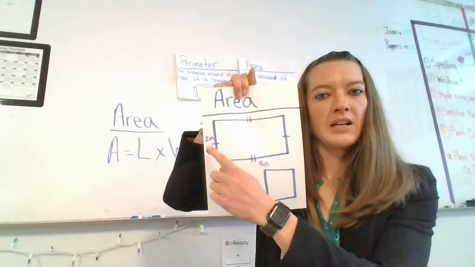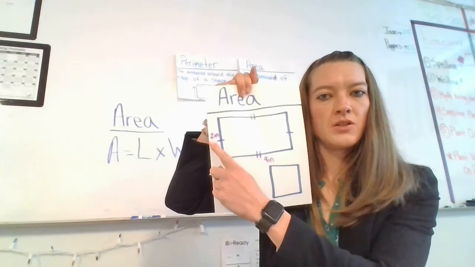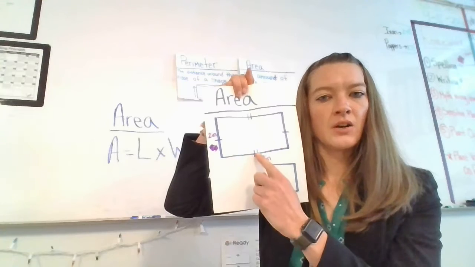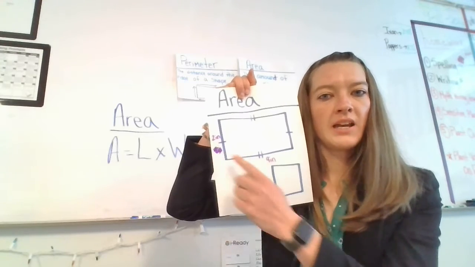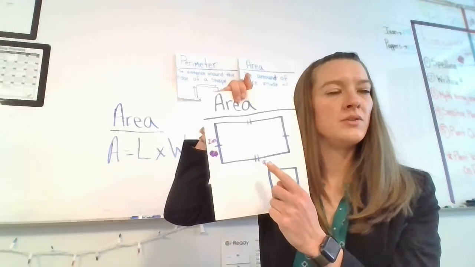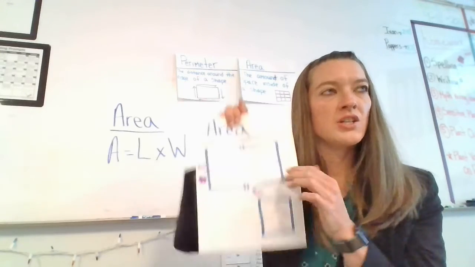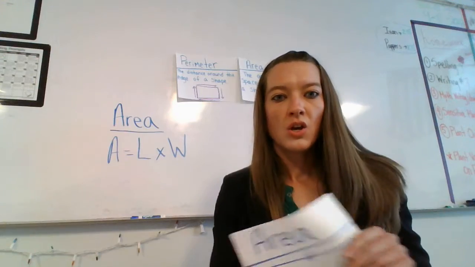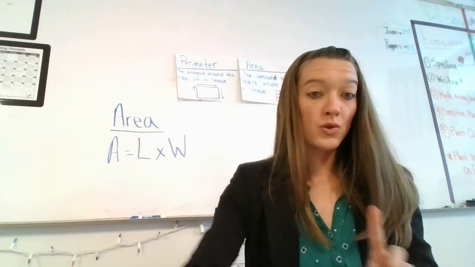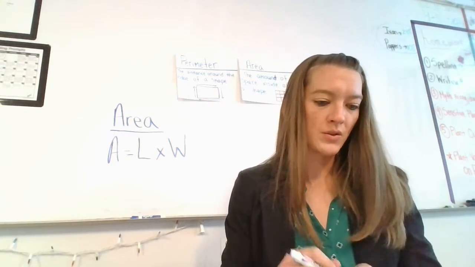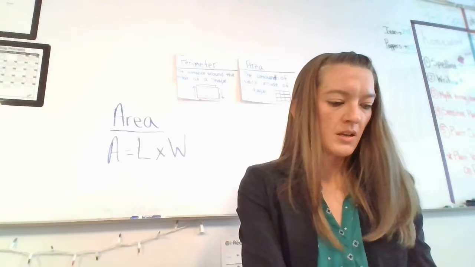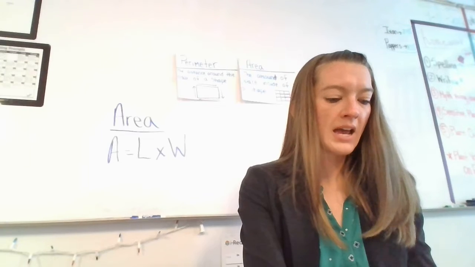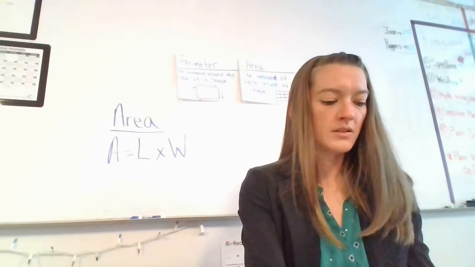So if I have 9 inches, 9 inches and 2 inches, and I know these are equal and these are equal, I can just multiply these two together to get my area, right? So to get my area, I'm going to write it here on the paper for you so you can see it. I have my length times my width, right?